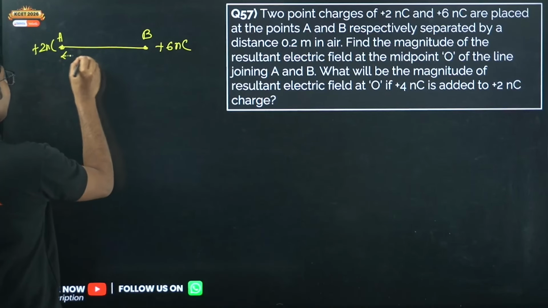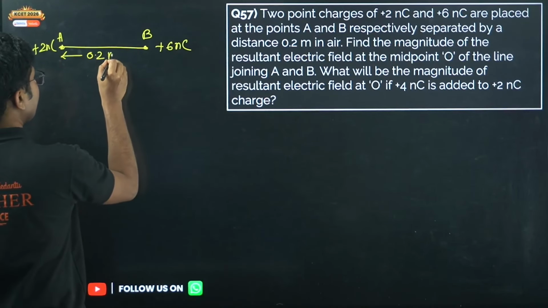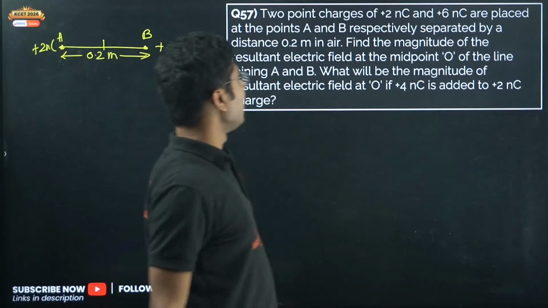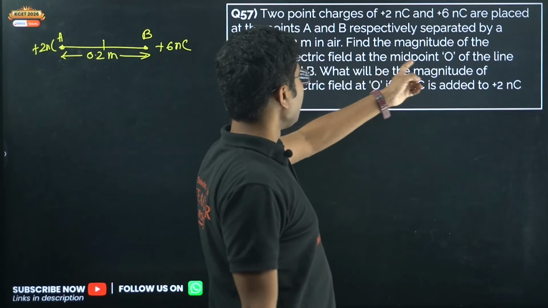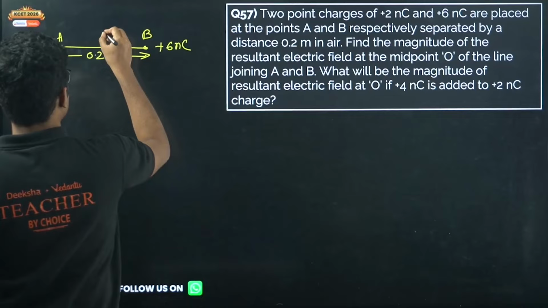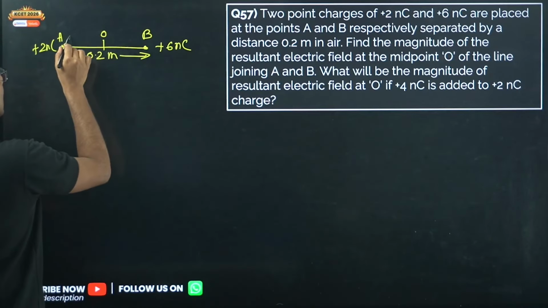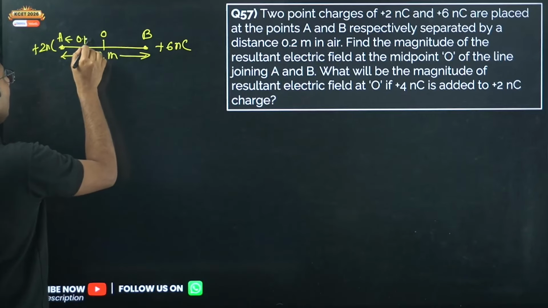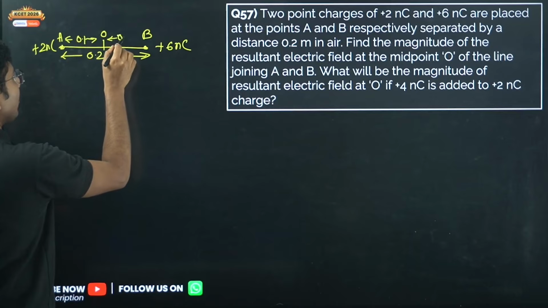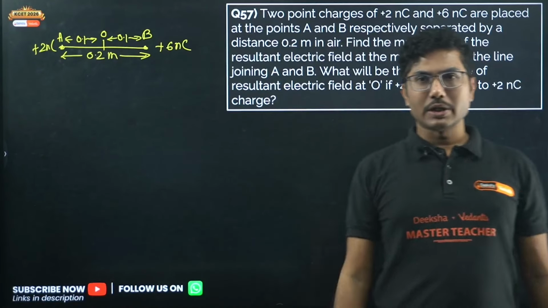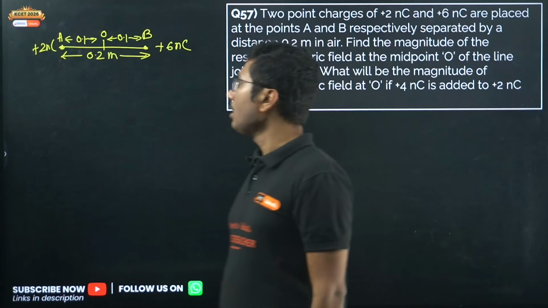They asked for the electric field at the midpoint of the line joining the charges. If this is the midpoint, this will be 0.1 and this will also be 0.1, half of the total distance.